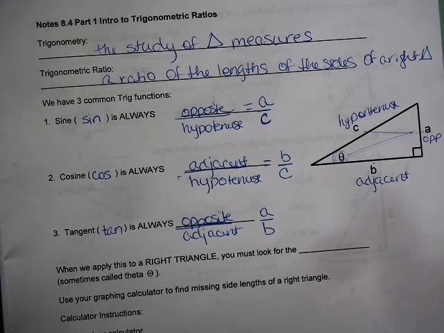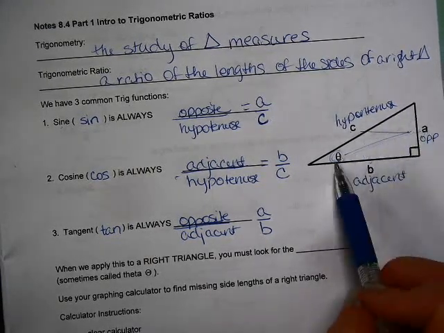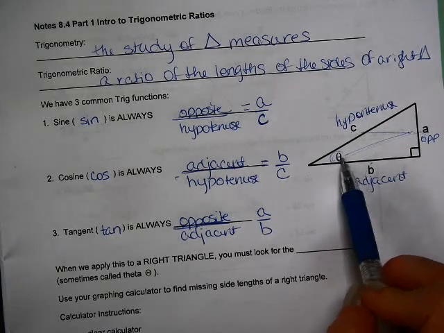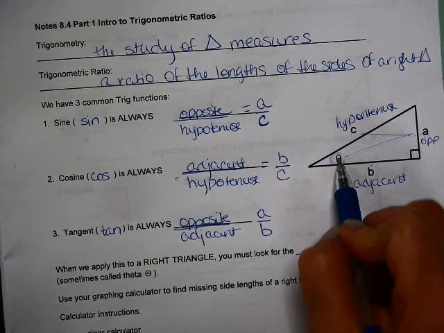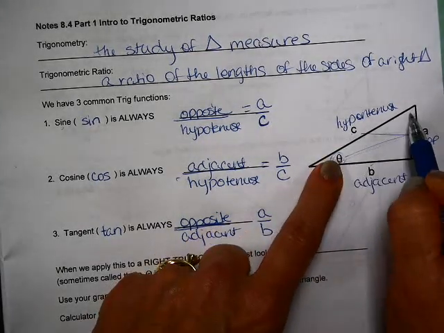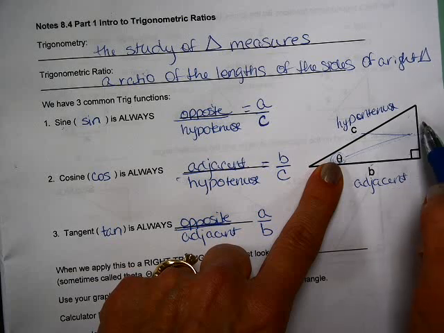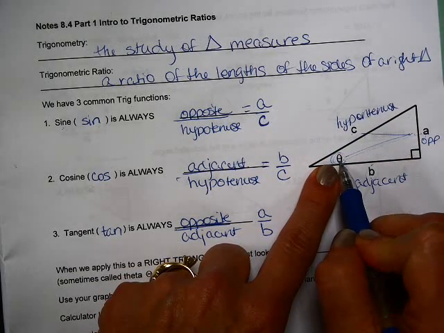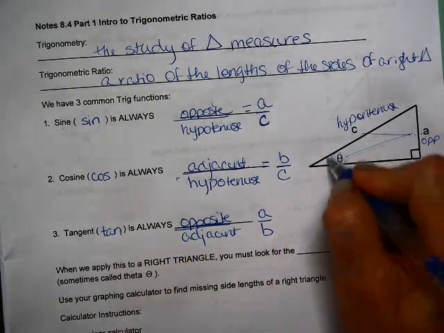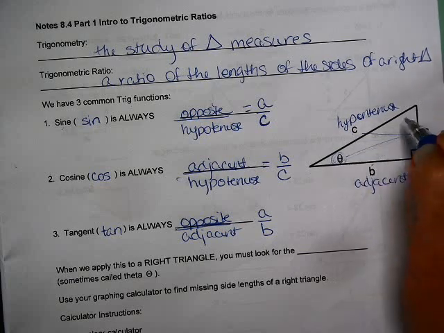Its cosine ratio would be the same. Its sine ratio would be the same. It doesn't matter how big the right triangle itself is, because when you think about it, if we know it's a right triangle, and we know one of the angles, then the third angle is always going to be the same in all other right triangles that we're looking at, because they're all going to be similar.